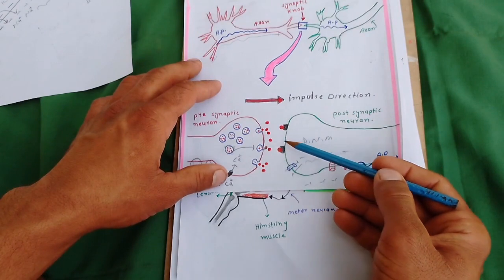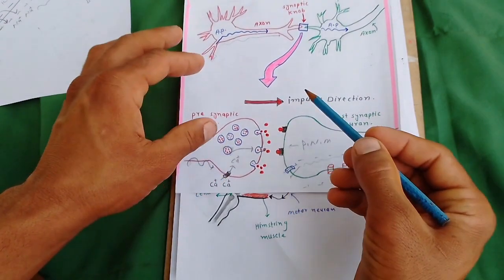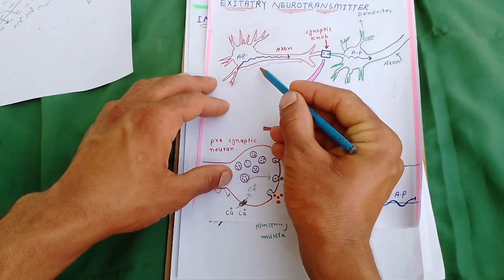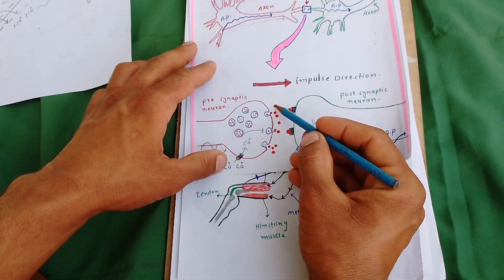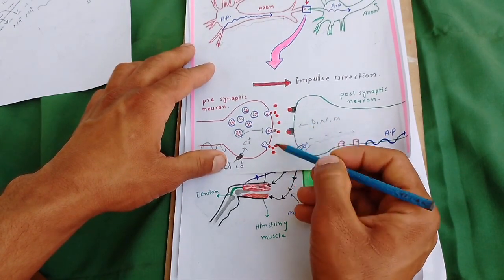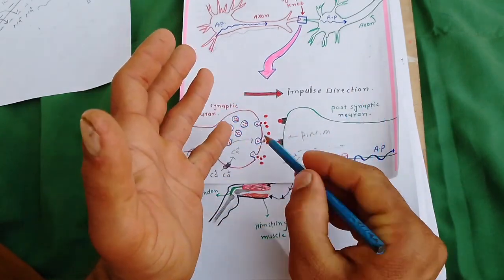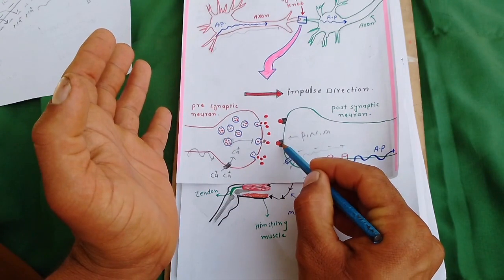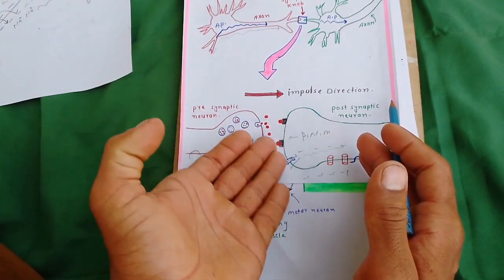This is the inhibition phenomenon. So when we touch this area, the action potential goes from this area to this area, and suppose they release an inhibitory neurotransmitter. When the inhibitory neurotransmitter is released here and attaches to this area, this is the inhibition phenomenon.